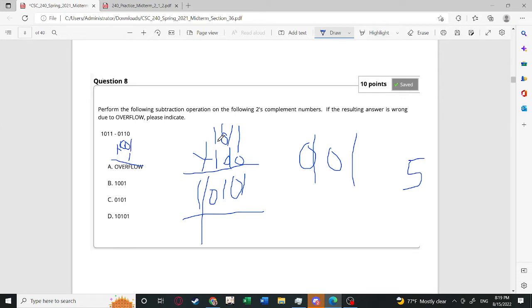If you convert this back to decimal, this is negative 0. So 100 minus 1.